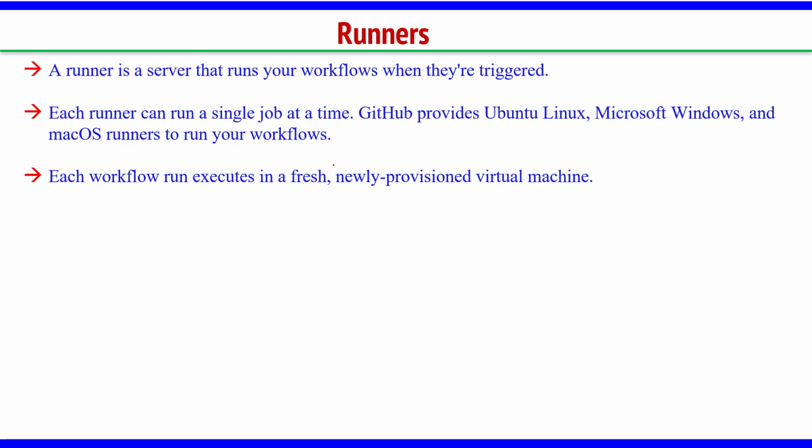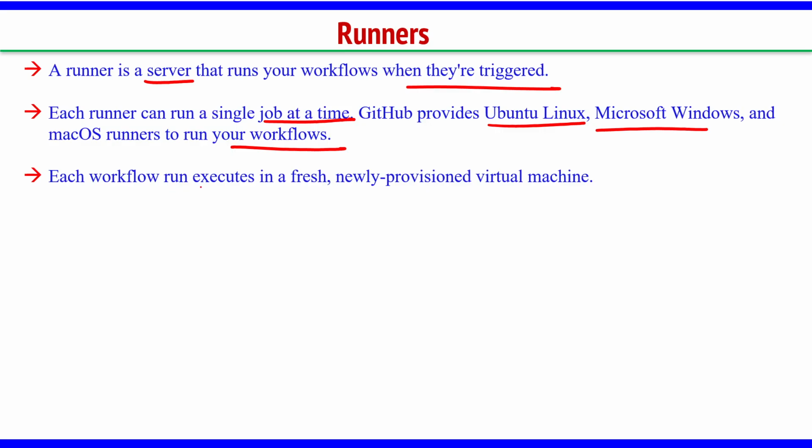Then we have something called runners. What is a runner? It's a virtual machine basically. A runner is a server that runs your workflow when it is triggered. A runner can run a single job at a time. GitHub provides Ubuntu Linux, Microsoft Windows and macOS runners to run your workflows. So all kinds of operating systems it supports, right?